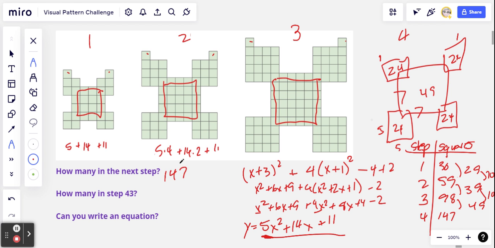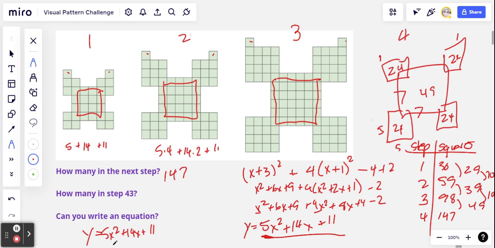So that's 20 and 28, 38, and 11, 59. Yeah. So we have definitely got a formula that seems to work here. You can test that with step number 3 if you like as well. But I'm confident that this 5x squared plus 14x plus 11 is an equation that predicts this pattern.